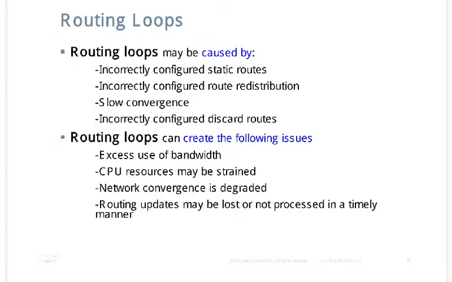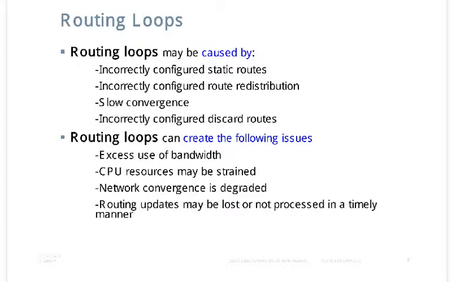Otherwise, again, based on the example, the propagation of the fact that the network has gone down was not done in the correct way, because I allowed router 2 to update router 3 with an entry to a destination network that has gone down, and that was wrong. So that will also cause routing loops.